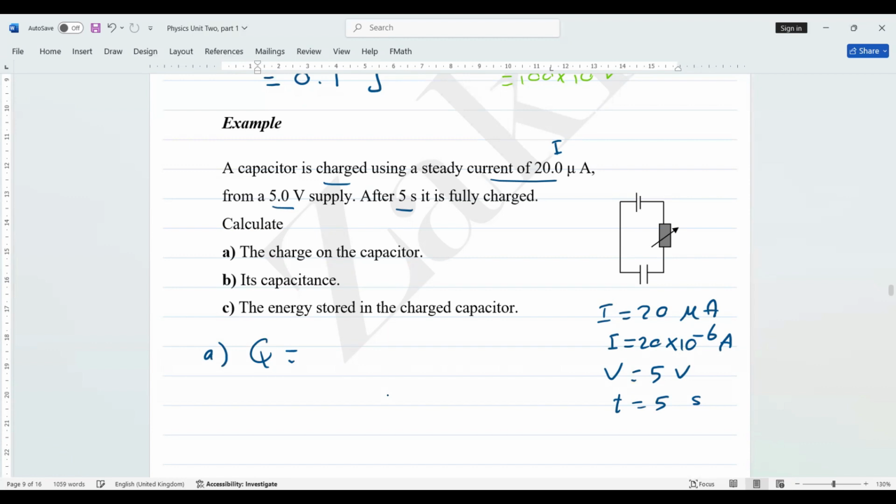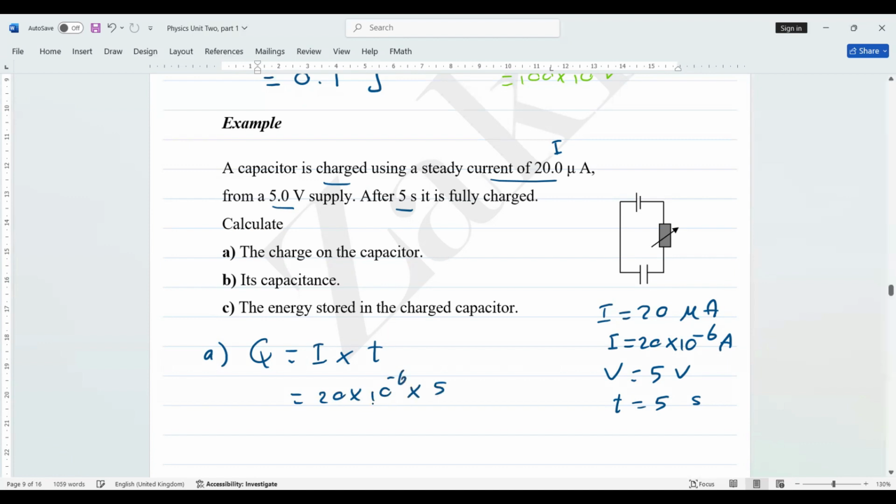What is the formula that we use? Q equals I multiplied by T. This formula is from unit 1. So Q equals I, it's 20 multiply 10 power negative 6 multiply 5.